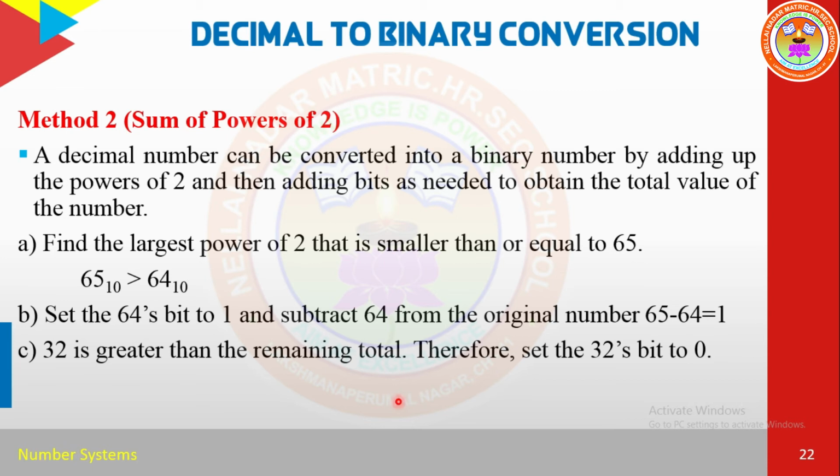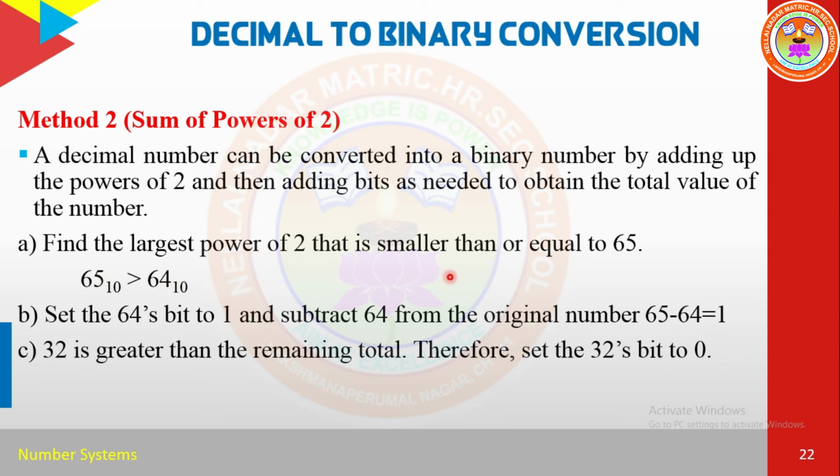Find the largest power of 2 that is smaller than or equal to 65. Here, the given number is 65, the question number, but we are going to find the largest power of 2 value. Comparing with 65, the largest power of 2 is 64. Why?